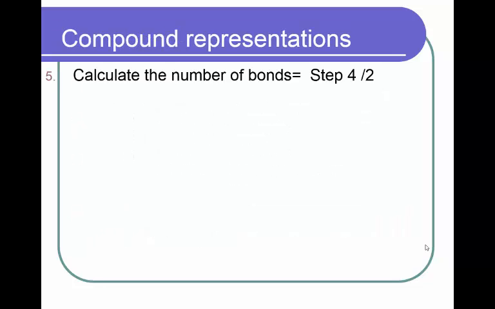On step number 5, you calculate the number of bonds. Remember, every bond involves 2 electrons. So you divide the number of electrons involved in bonds by 2, and that gives you the number of bonds present in the molecule. And that's important.